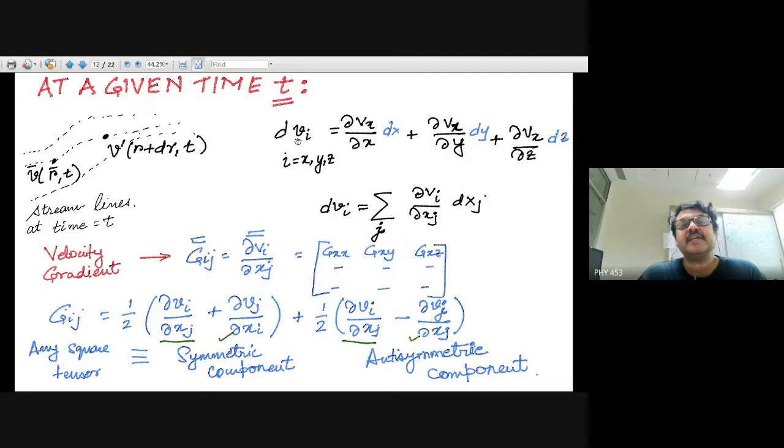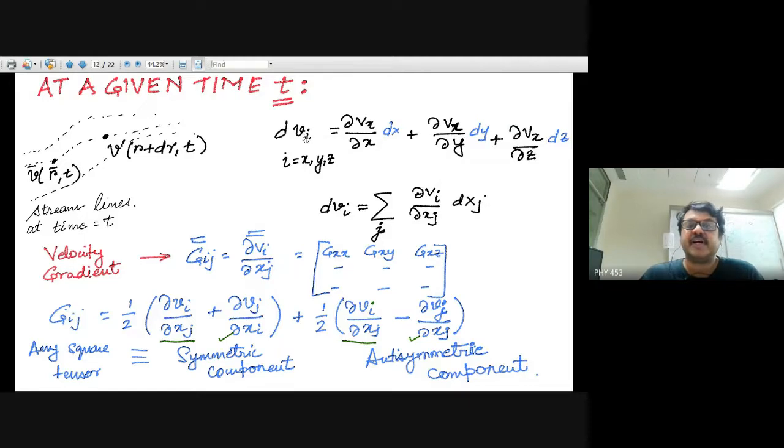And the total dvx will be del vx del x into dx, plus del vx del y into dy, plus del vx del z into dz. So that's the total change in velocity, right? And this can be written, of course, dvi, suppose i equal to x, equals sum over j del vi del xj into dxj, where j is repeated, which implies that it is a sum.